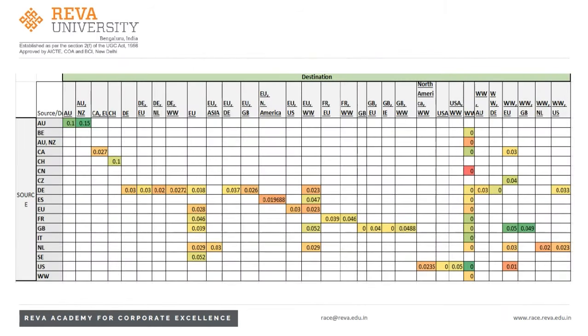Now, this is a very interesting chart. Here, what I'm talking about is the source, and in the rows, the different source countries are given. You have Australia, you have Belgium, and so on and so forth. You also see the different destinations to which they're shipping drugs. Now, most of the cells here are blank, indicating that the vendors are very careful and very selective.